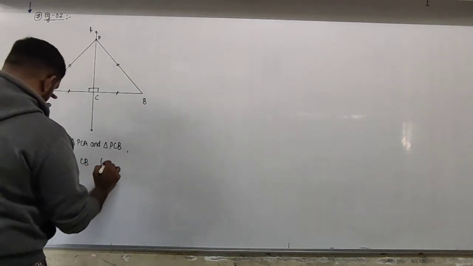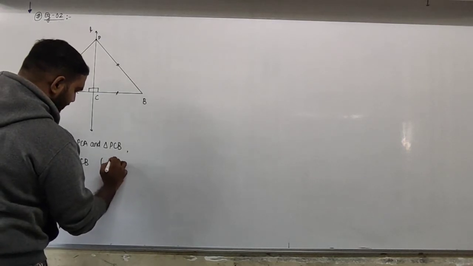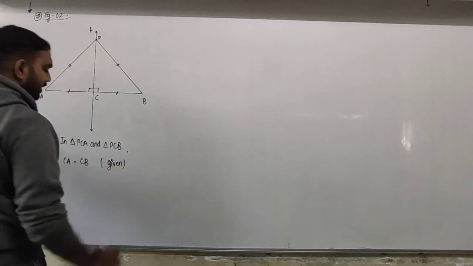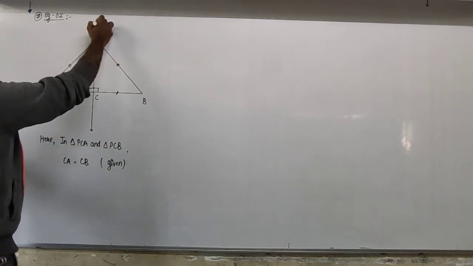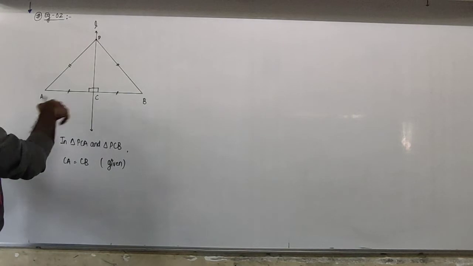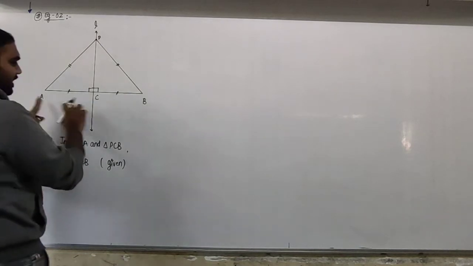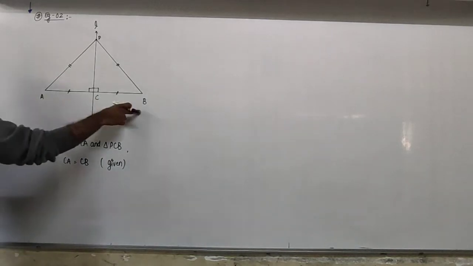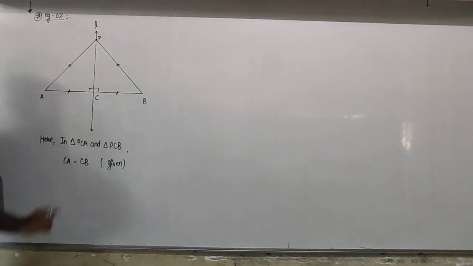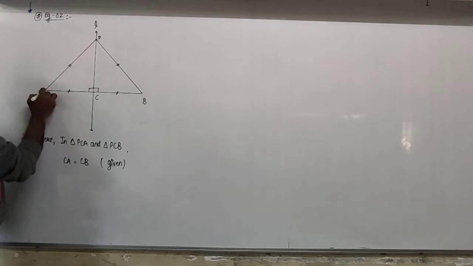Why? Because it is given. What is given? Line L is the perpendicular bisector. Bisector means it will divide AB into two equal parts, this part and this part. Both the parts will be equal in both cases.